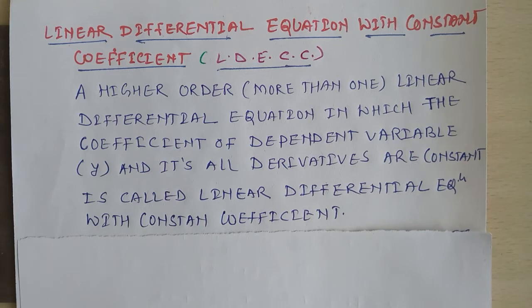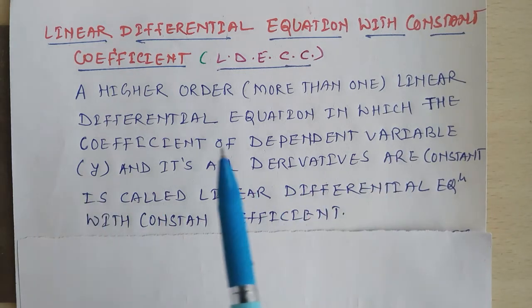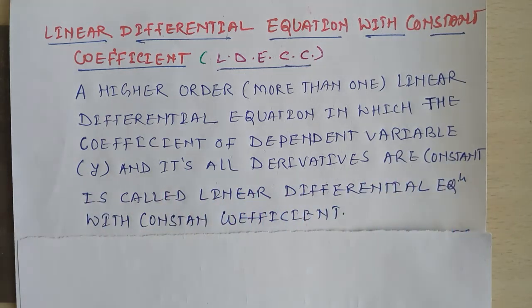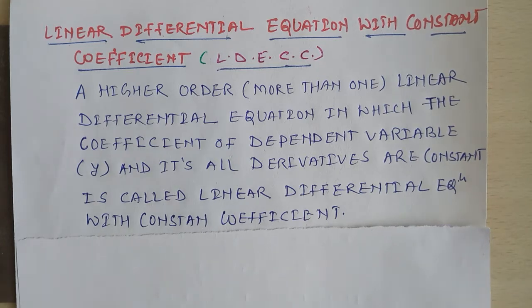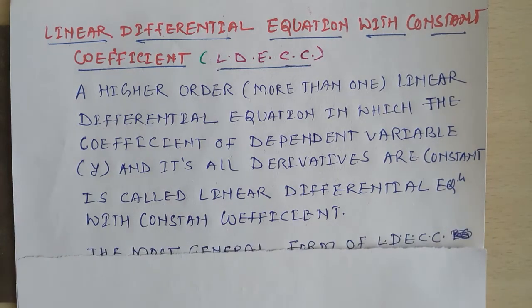So in a higher order linear differential equation, if the coefficients of the dependent variable and all its derivatives are constant, then the equation is called linear differential equation with constant coefficient.